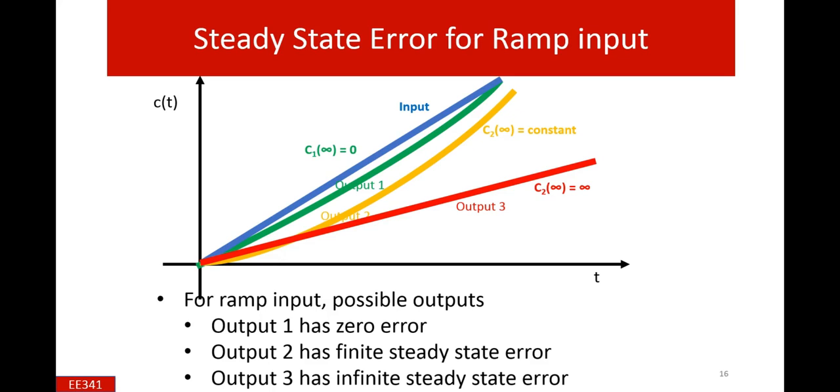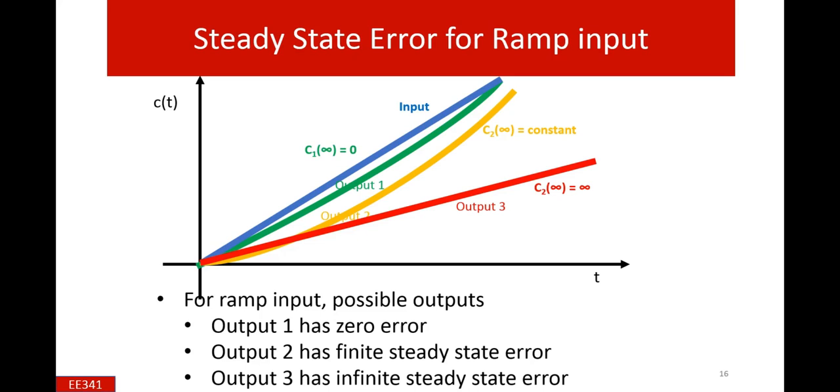If we apply the ramp input to a system, and if we observe three different types of output, for example, in our case we have first the green input and green output, and similarly this yellow is the second one, and similarly red is the third type of output.